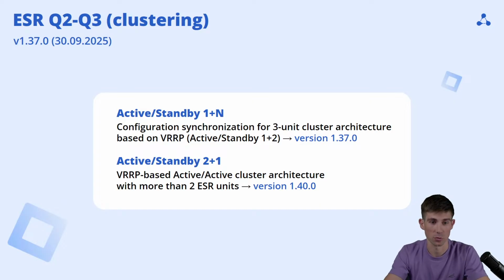Again, it's based on VRRP. We had this functionality for quite a while now, but we are extending the ways we can configure it, and we can synchronize configuration between the units. Some of our customers requested this type of cluster when you'd have 1 active and 2 units on standby, always willing to replace the active unit should it go down.